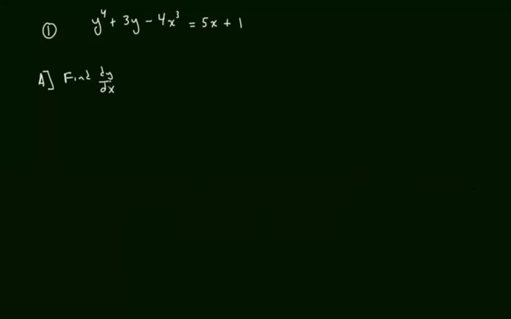So let's get ready. Example 1 gives us some relationship, it gives us some amoeba that we don't necessarily know what it looks like. The first part, A, wants us to find dy dx. So what we're going to do is take the derivative of this relationship. I just changed my notation from Lagrange prime to Leibniz with the dy dx information.